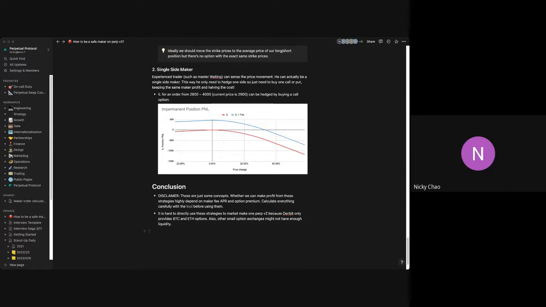Okay, D2. So if we were going to implement this strategy, how would you recommend that we do the rollover stuff? How do you mean by rollover stuff? Like if the option expires?